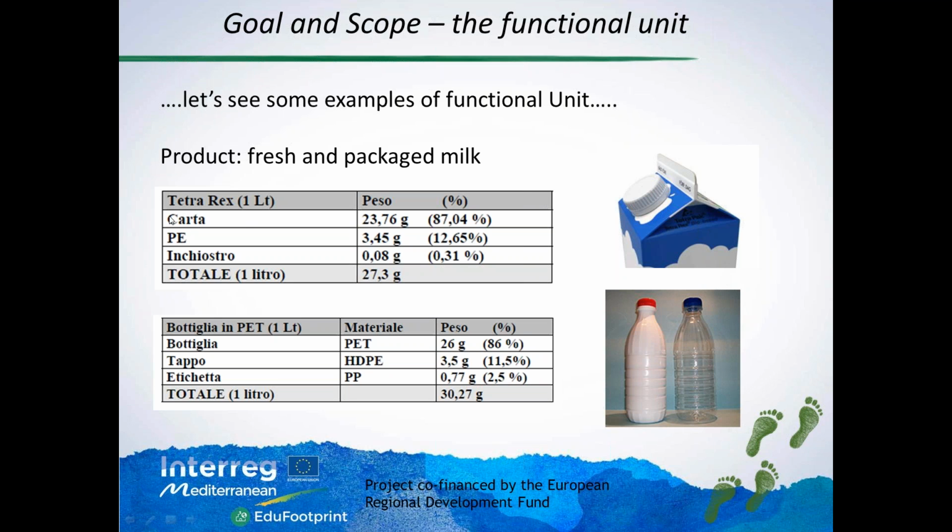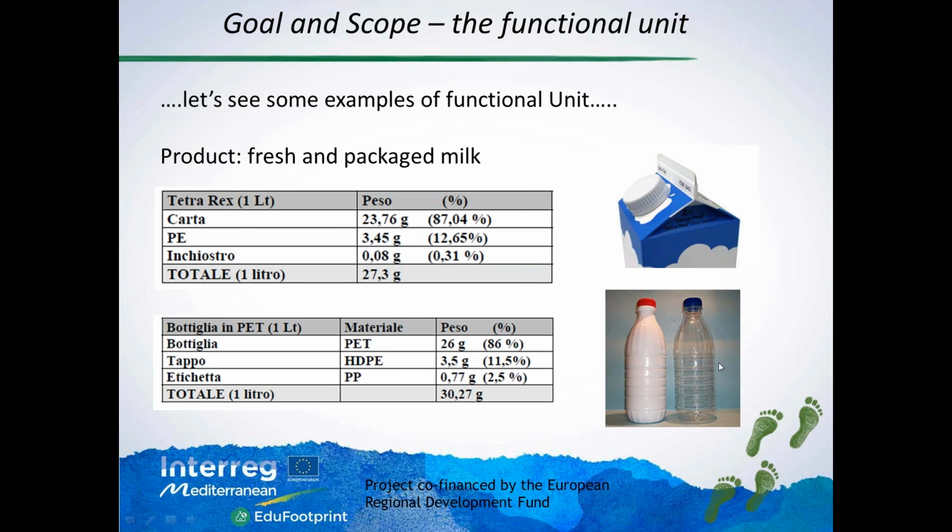So these are the materials which are inside this packaging: paper, plastic, and ink. In a packaging of 1 liter, there is 27.3 grams of materials.